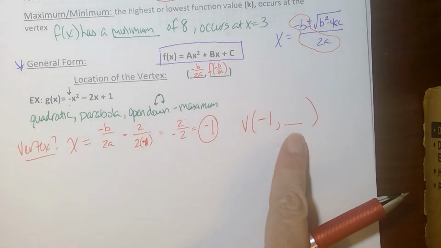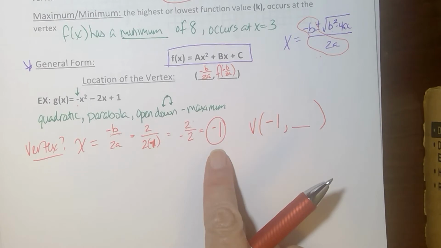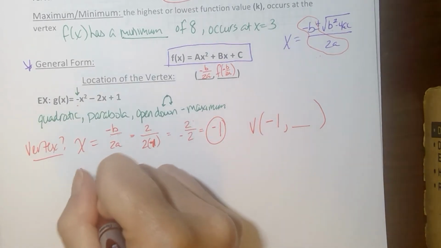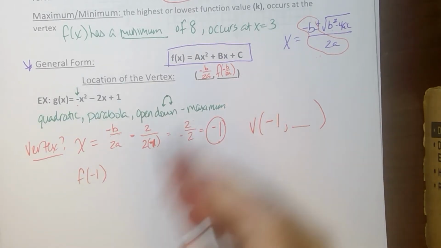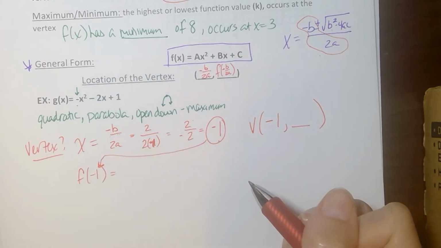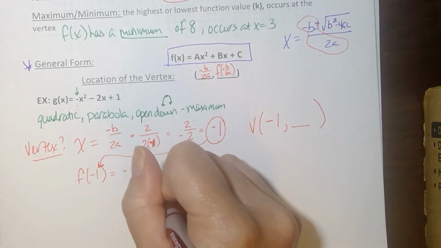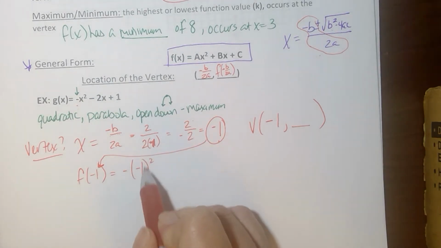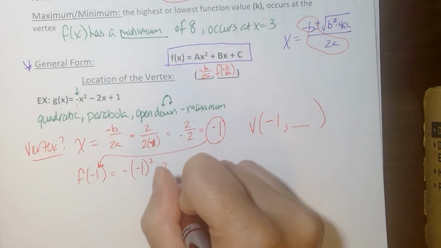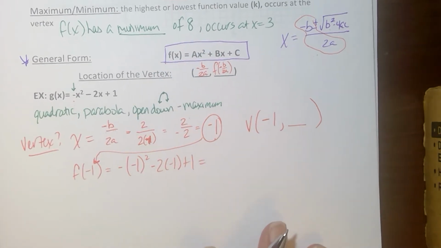What about the y-coordinate? What about that vertical shift? Well, we take this negative 1 and plug it into our function to find k, our vertical shift. My function is minus x squared, so negative 1 squared, minus 2 times negative 1, plus 1. Be careful with those negatives.